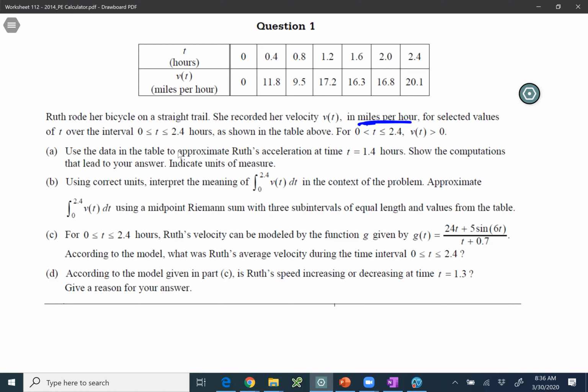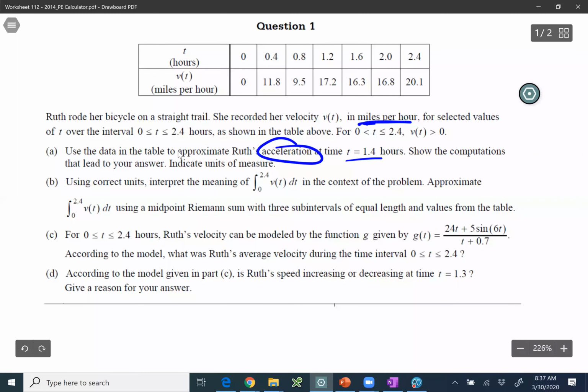So it's something to underline, highlight: for selected values of t. They did not say anything about continuous. They did not say anything about increasing. So we're not going to have any of those IVTs, overestimates, underestimates, but those are words to look out for as well. A says use the data in the table to approximate Ruth's acceleration at 1.4.